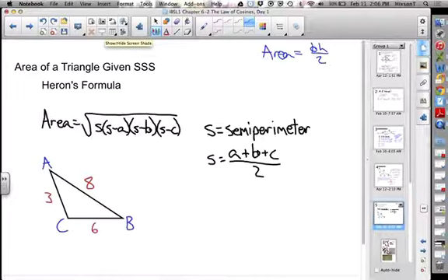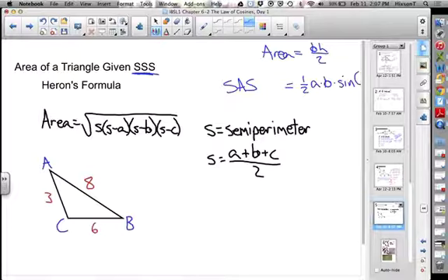But then we also knew it was 1/2 A times B times the sine of the angle between them. That's if we know side angle side. A and B would be the sides, C would be the angle between them. Here though, we know all 3 sides.